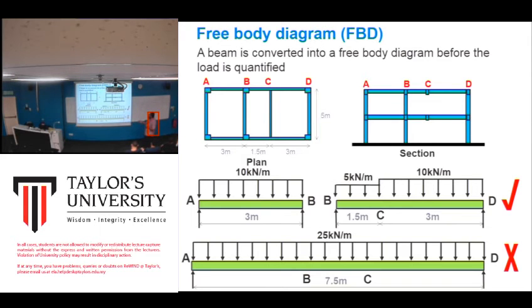In the middle is the UDL, which may be the weight of the beam itself and also the weight of this slab. Same for BD, but here we have a different value of UDL, because we have this slab and this slab. The value is different compared to this one, because the floor slab is the same.